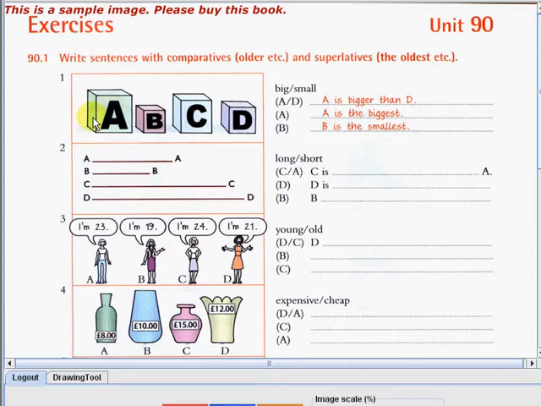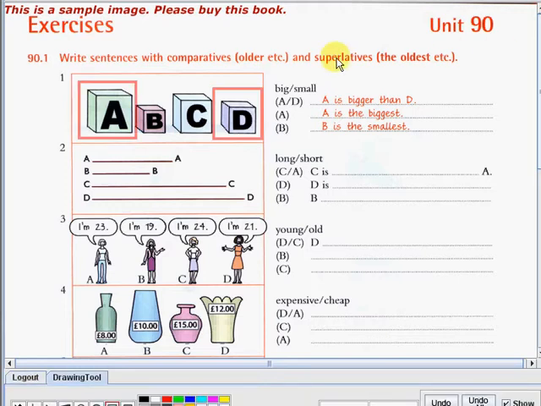Here we can see 4 boxes. Box A, B, C, and D. So first, let's compare A and D. We will use the words big and small, okay? So by looking at box A and D, we can say that A is bigger than D, right?